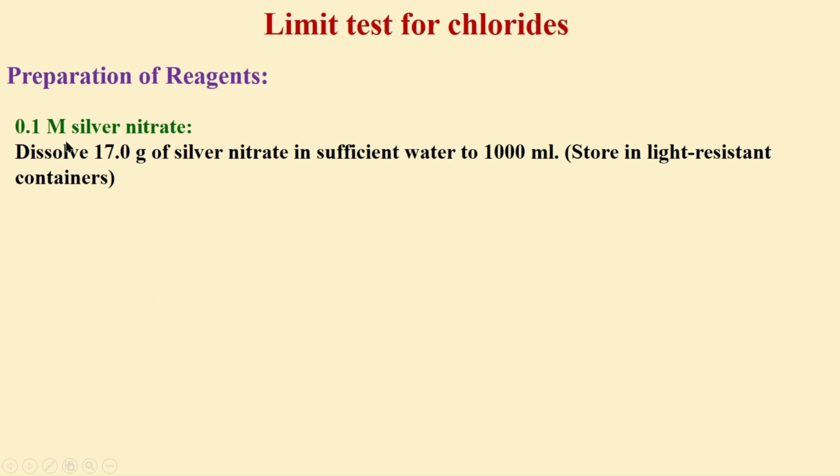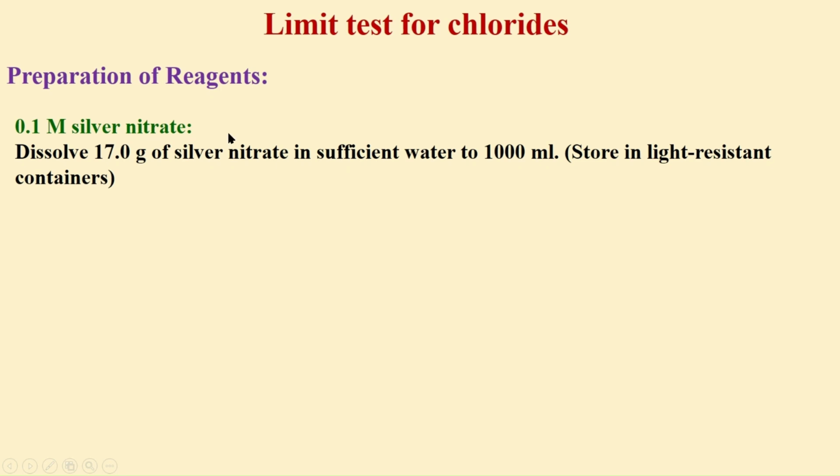What is a molar solution? It is the number of moles of substance in 1000 ml of water. If 1 mole of substance is present in 1000 ml of water, it is a 1 molar solution. 1 mole means the molecular weight, that is 170 grams.